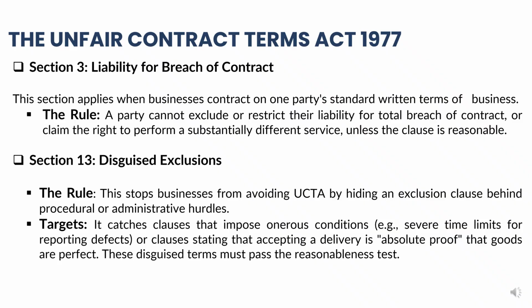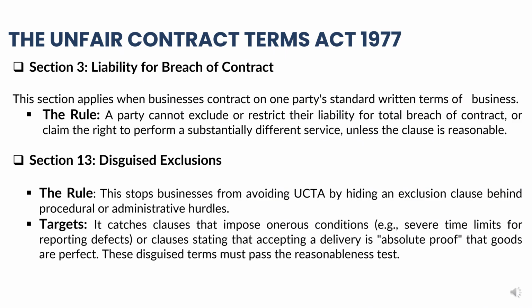Under Section 3, a party cannot exclude or restrict their liability for a total breach of contract, nor can they claim the right to perform a substantially different service, or no service at all, unless the clause is reasonable. Just like the property damage rules in Section 2, subsection 2, the burden falls on the contract's author to justify the restriction. But Parliament knew that clever businesses would try to bypass these rules entirely without using obvious exclusion clauses.